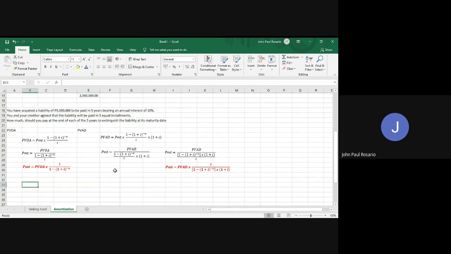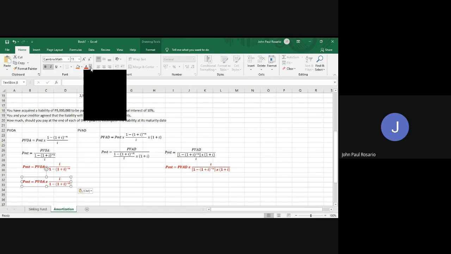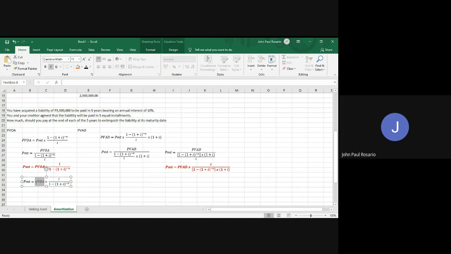So how much is our payment? Our outstanding liability is 5 million pesos.